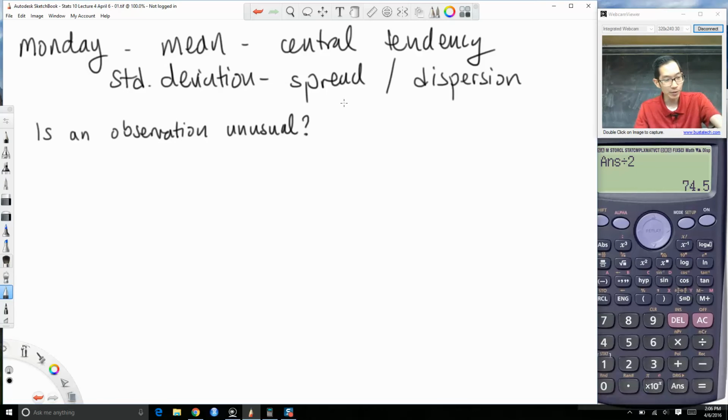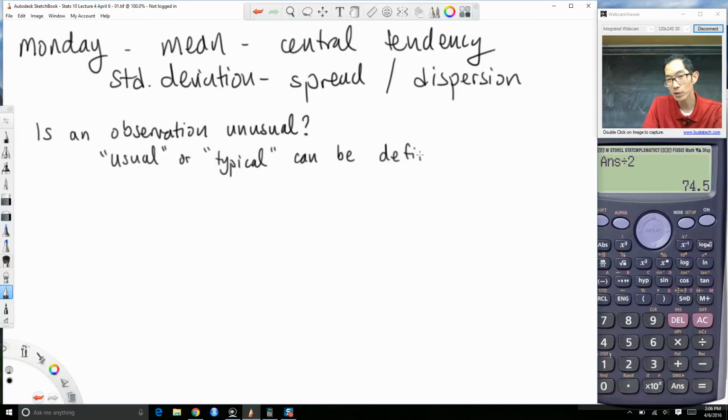But for things that are not so familiar to us, the standard deviation can help us here. To get an idea of what is unusual, let's talk about what is usual. We can loosely define usual or typical to be something close to the mean.